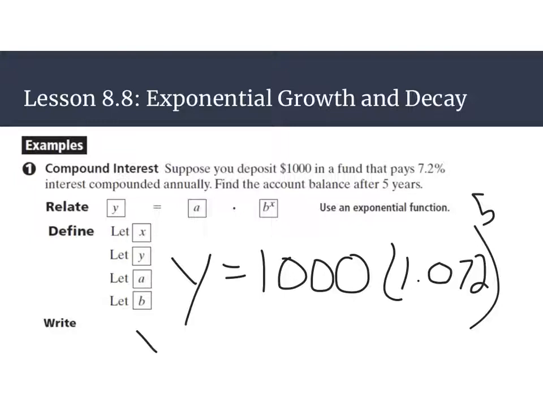When we punch it all into our calculator, we should get $1,415.71 after 5 years of leaving that money alone, not touching it, and earning interest on our interest. Notice how the 7.2% is added to that 1, or 100%, because we're growing by 7.2% each year.